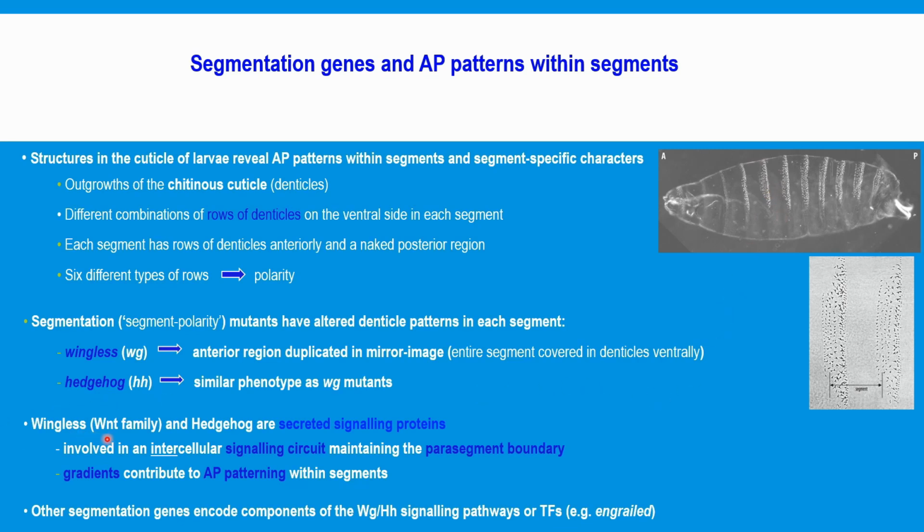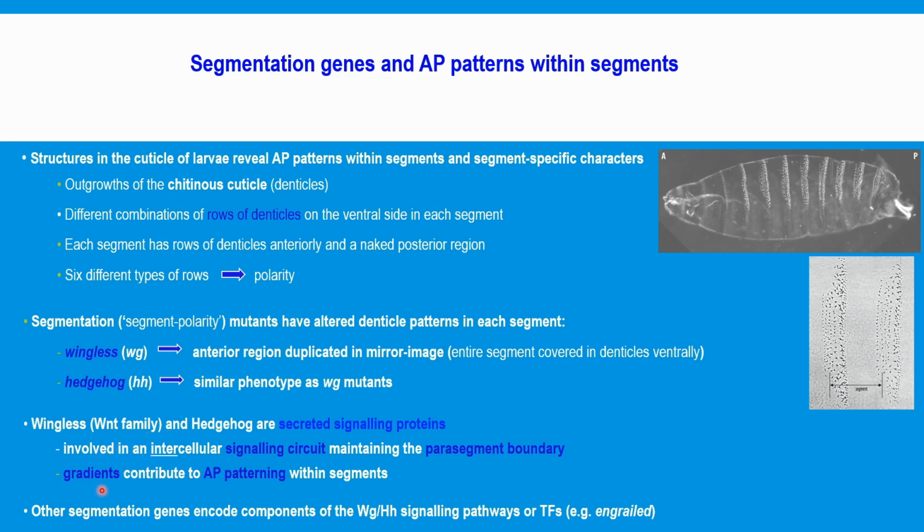And they could show then that wingless and hedgehog are secreted signaling proteins that are involved in an intercellular signaling circuit that maintains the parasegment boundary. So a signaling between the cells, as opposed to intracellular, okay, intercellular.